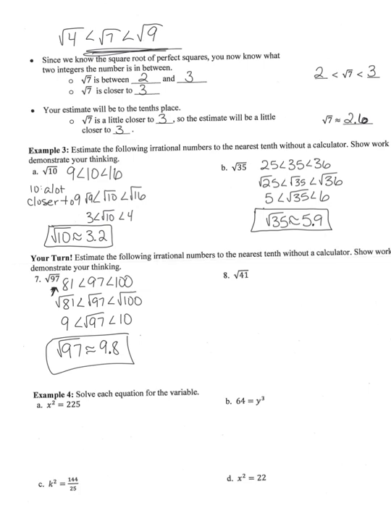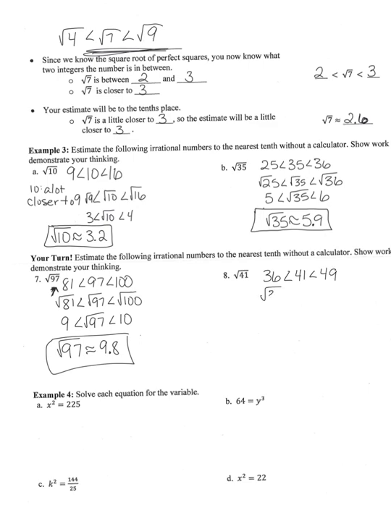And for the second one, the square root of 41. So in my list of perfect squares, 41 lies between 36 and 49.